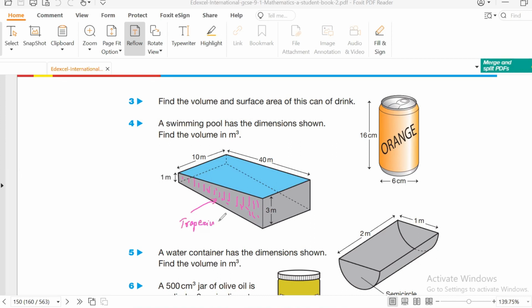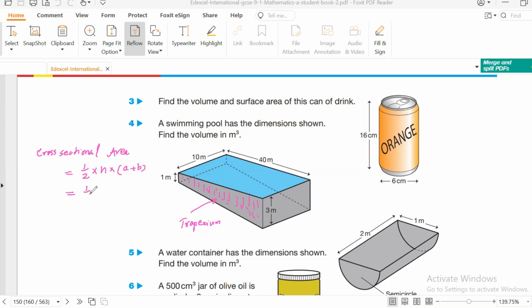and we know the formula of a trapezium. So first we find the cross-sectional area of question number 4. I will consider the area of a trapezium: 1 over 2 multiply h multiply the sum of parallel sides a plus b.